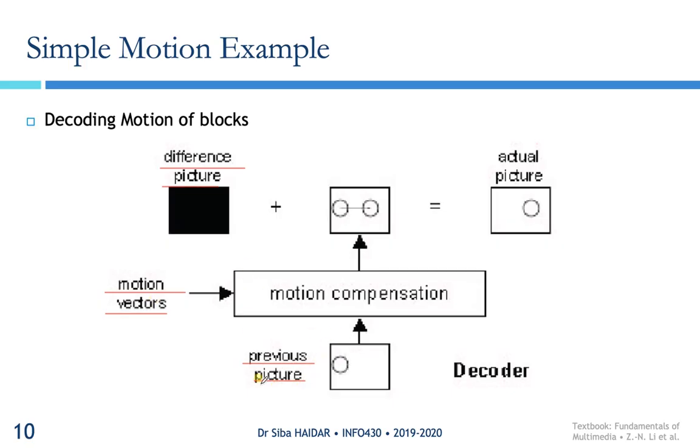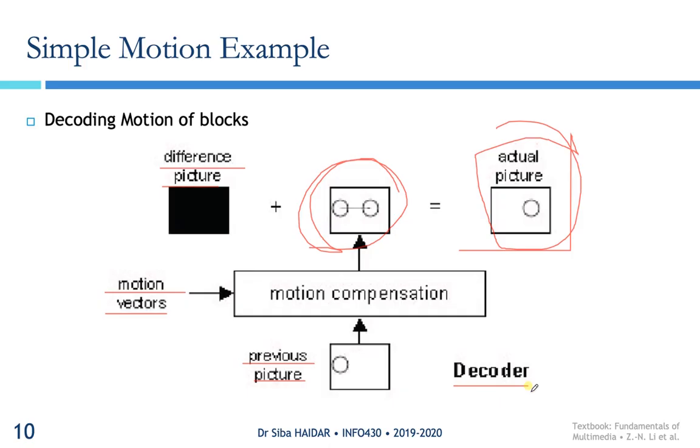So it applies the motion compensation on the previous picture and calculates the compensated image. We add the difference picture to it, so we decode the actual picture. This is called the decoder. That's why we use simple graphics, so that you can understand that the final goal is that, just like we encoded, we can reconstruct the actual picture without sending it.